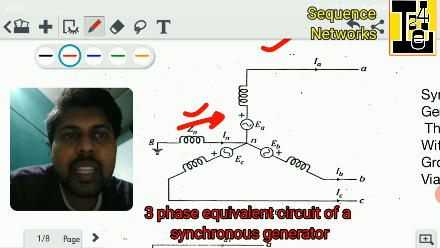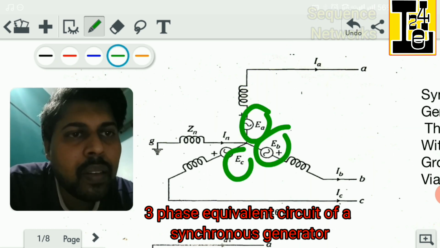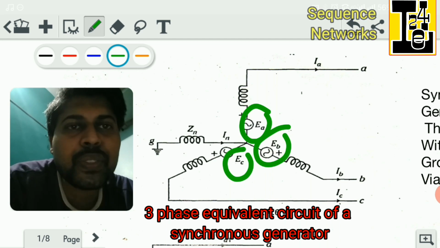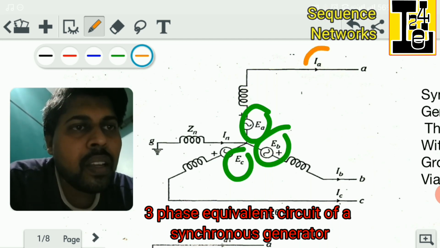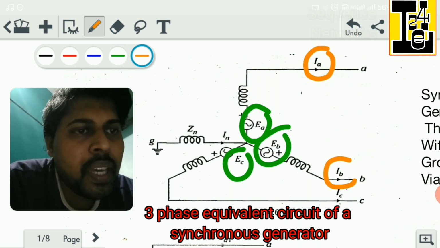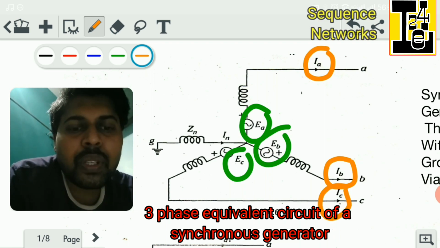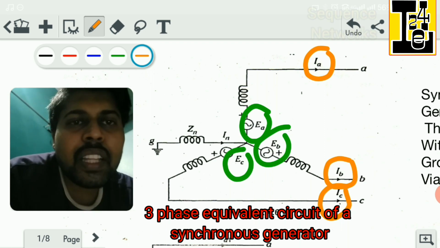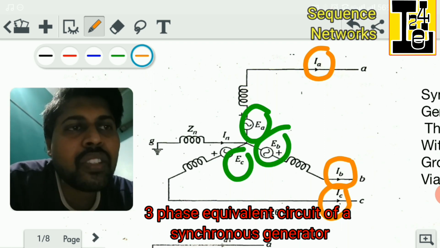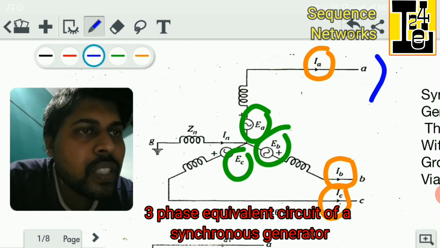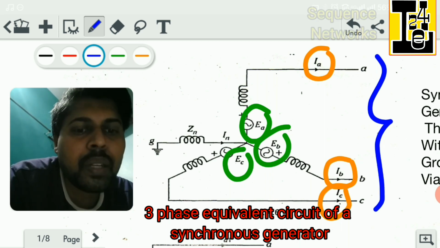Let EA, EB, EC be the induced EMFs and IA, IB and IC the currents flowing in the lines when the fault is taking place at the terminals of the synchronous machine.